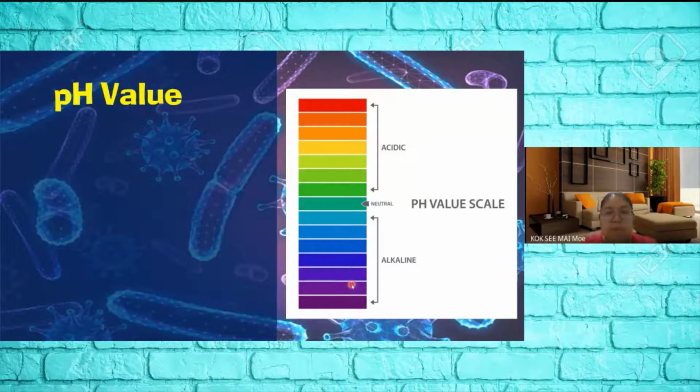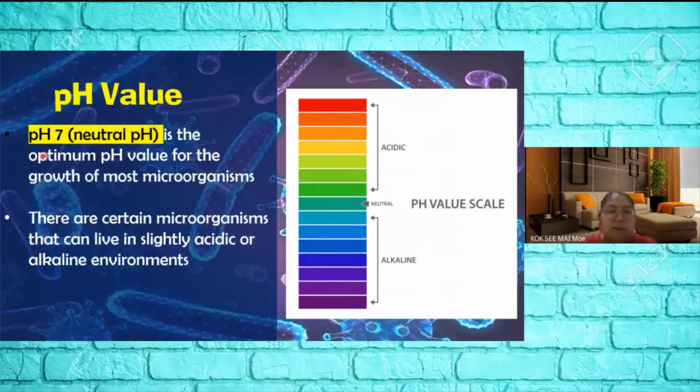So that means for the pH value, microorganisms don't like acid, and they also don't like alkaline. They like neutral, so 7. That means they like your body so much. The temperature fits, then your pH value also fits. So pH 7 is the neutral pH, the optimal pH value for the growth of most microorganisms.